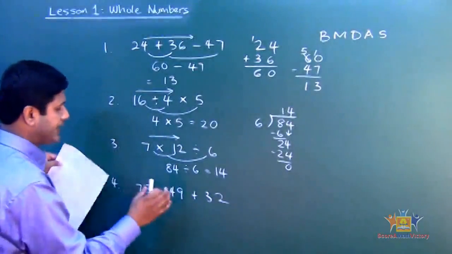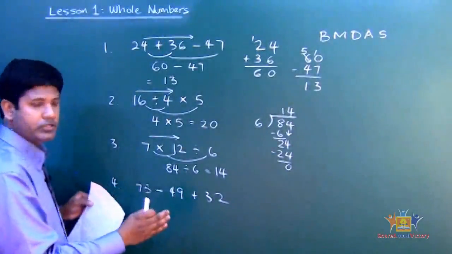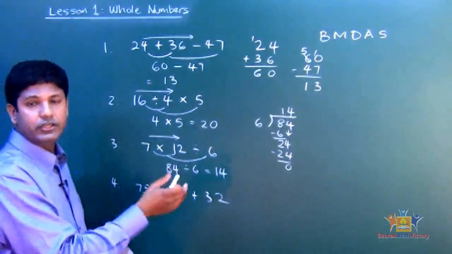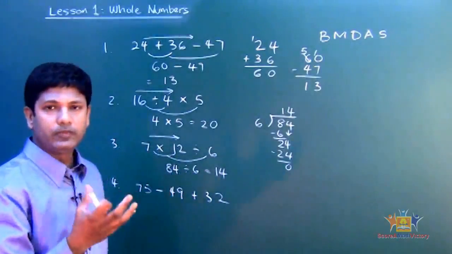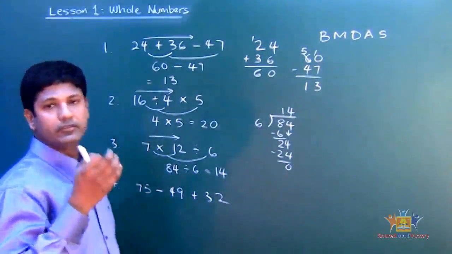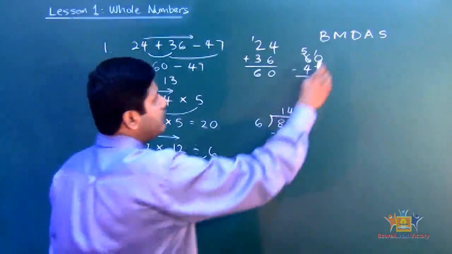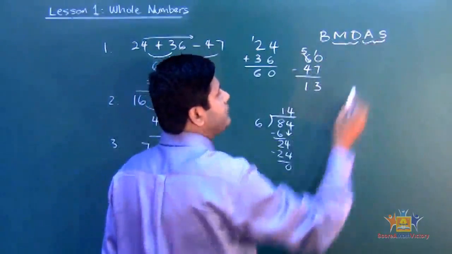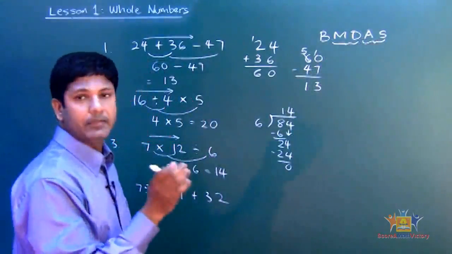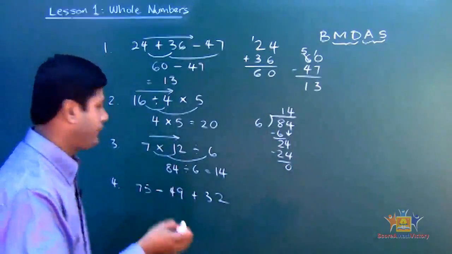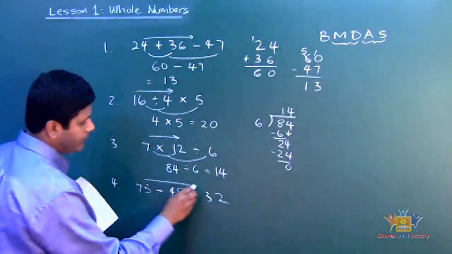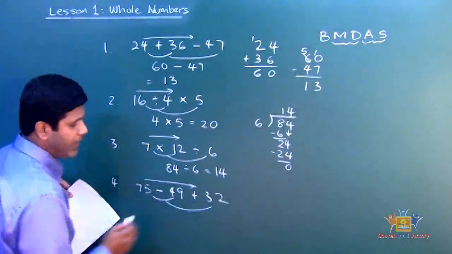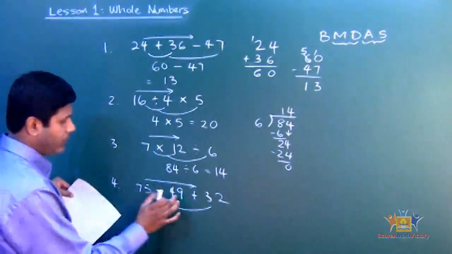Whenever you have operations from the same group, like addition and subtraction, or multiplication and division, you got to use the left to right method. Remember we talked about multiplication and division being one group, and addition and subtraction being one group. So that means we're going to subtract first and then we're going to add.